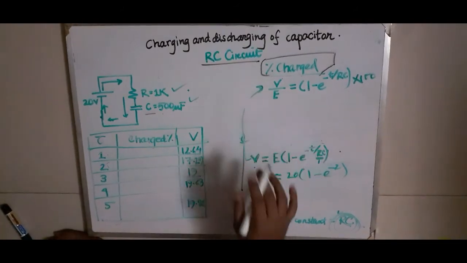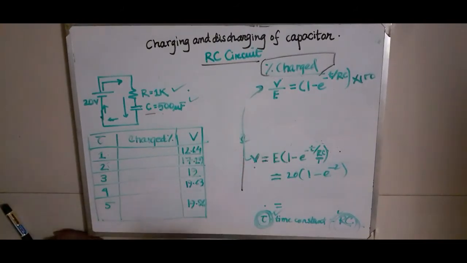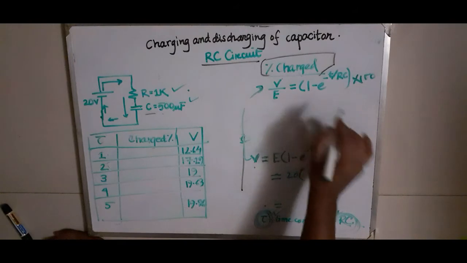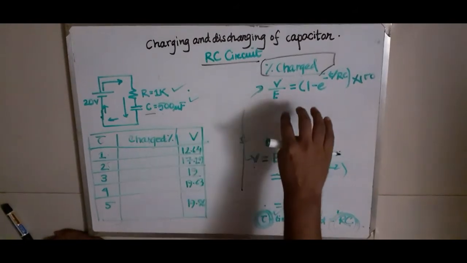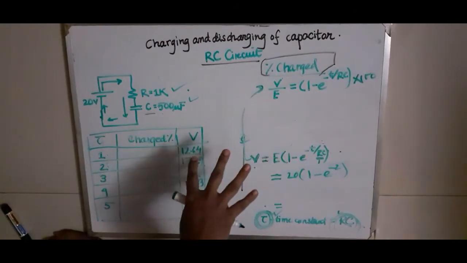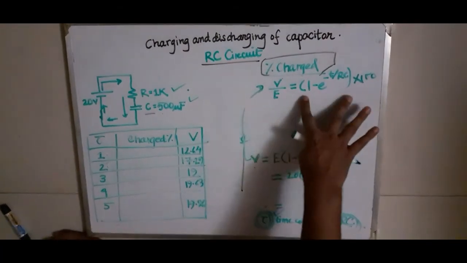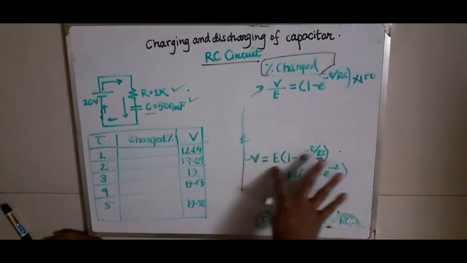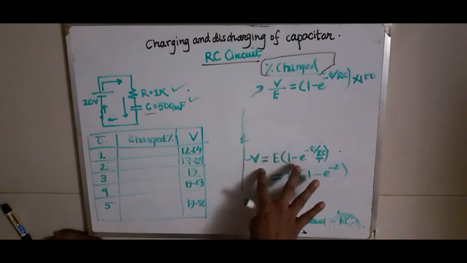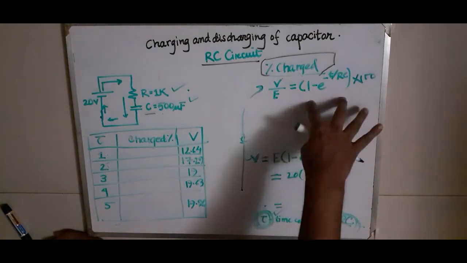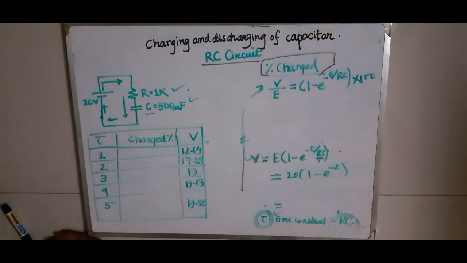Let's not get into those details. For the time being, you can calculate the percentage charge by using V over E equal to this. This is nothing but the extension of this formula. We have written this over here, multiply with 100, and we'll get the percentage charged.